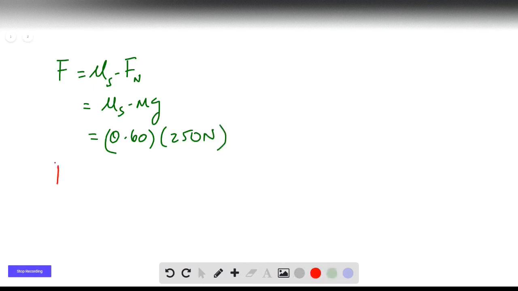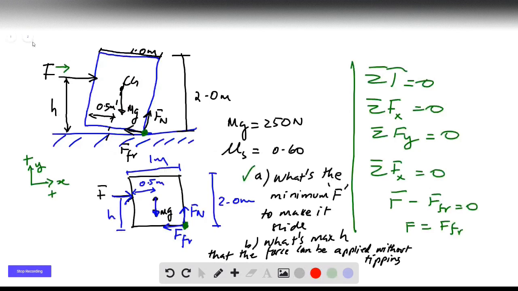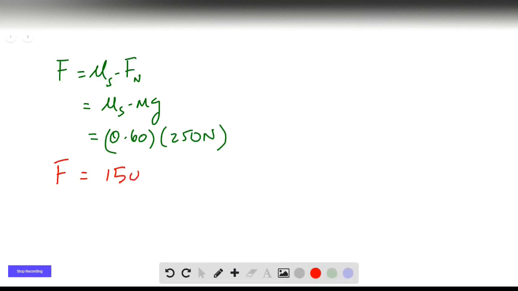And so if you go back to part A, we're looking for the minimum force to make it slide. So the minimum force required for the box to slide is 150 newtons. That's the minimum force exerted on the box to make it slide.